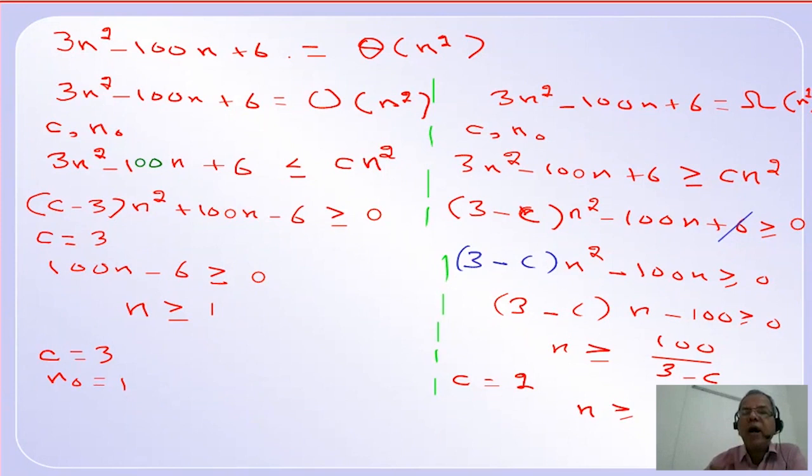And therefore, what should be n0? For the constant c equal to 2, and for all values of n greater than or equal to... oh, sorry, I'm sorry. This is wrong. n0 is equal to 100.